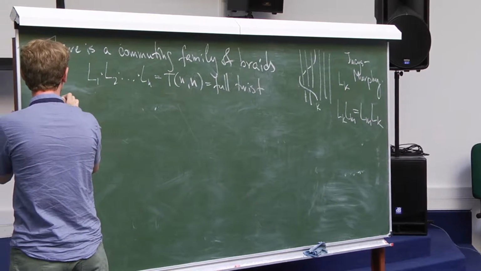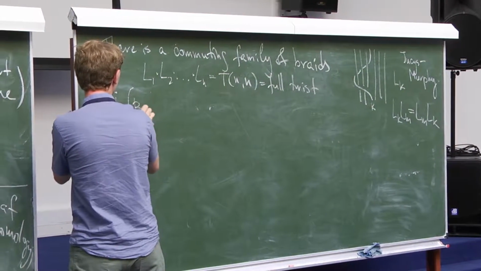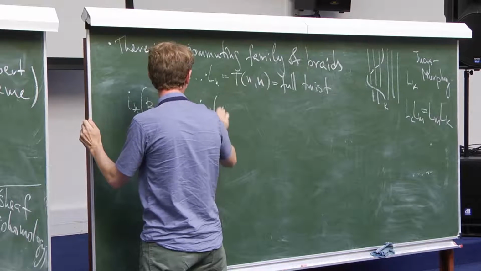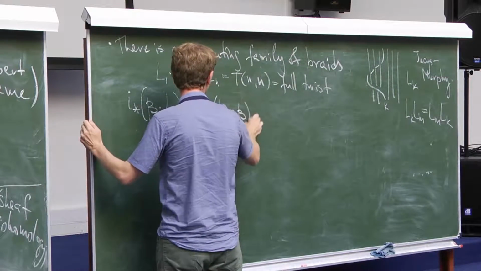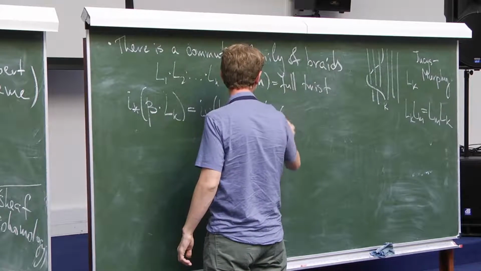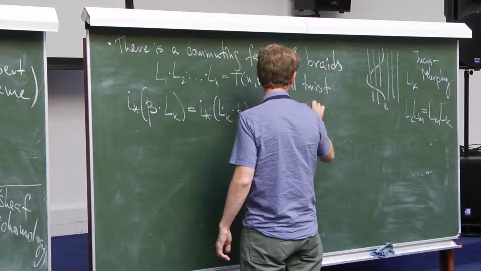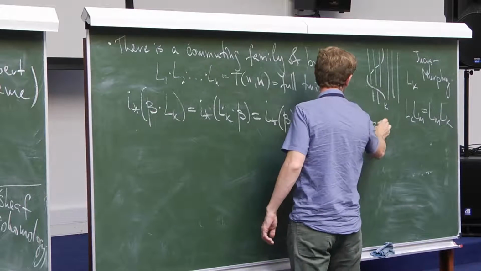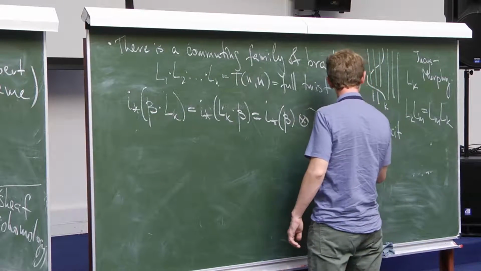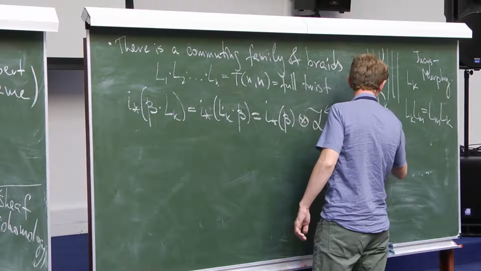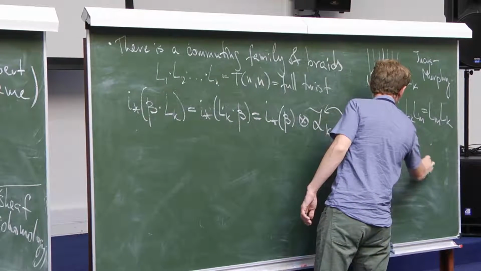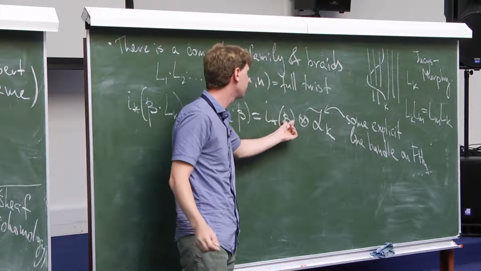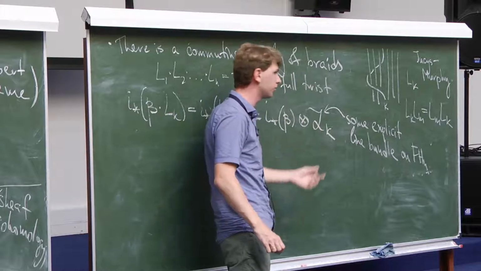We require that I lower star of beta times LK is the same as I lower star of LK times beta, and is the same as I lower star of beta tensored with, let's say, curly LK, where this is some line bundle on the Hilbert scheme. So if I know the bundle for beta, I know the bundle for beta times LK.